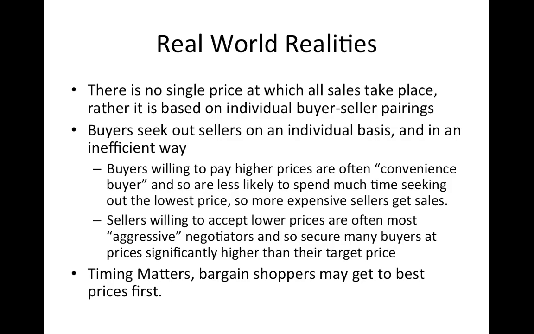Quite frankly, some of those sellers are some of the most aggressive negotiators and will try and secure a higher price than the minimum that they're willing to accept and work their way up. And so those sellers potentially get paired up with buyers at a lot of different ranges. And as we said, timing matters. Bargain shoppers may get to the best price first because they're willing to stand in line or sit online or whatever else and be the first one there.